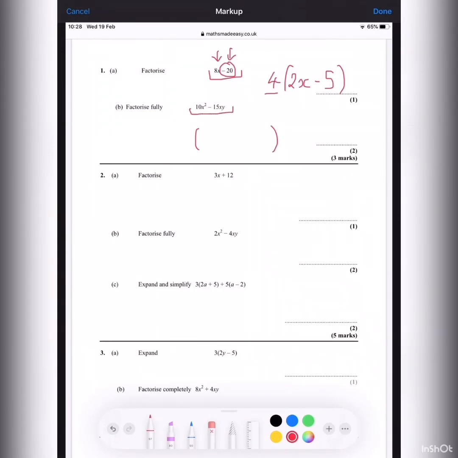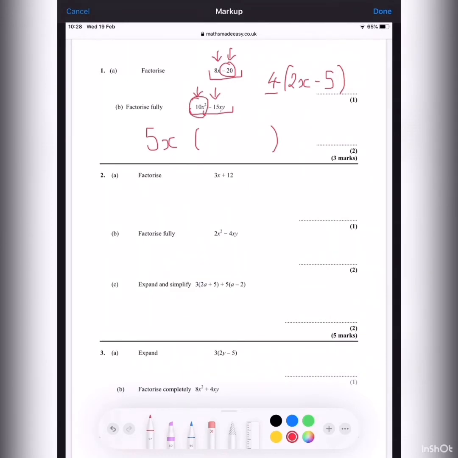One bracket because something common goes into both. So the first thing we need to see is what goes into both of these numbers, so 10 and 15. And hopefully we can see that the number is 5. Then we need to look if we can take any x's. Well, we've got 2 x's here, but only 1 here, so we can only take 1 out. And we can't take any y's out because there's no y's in that term.